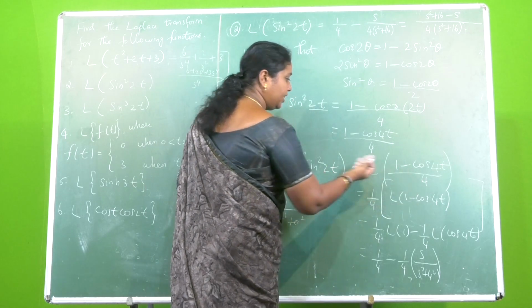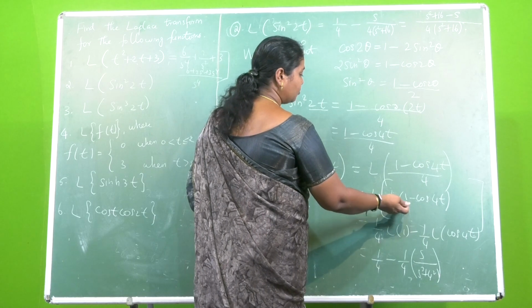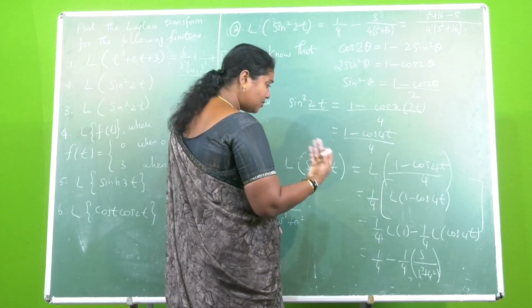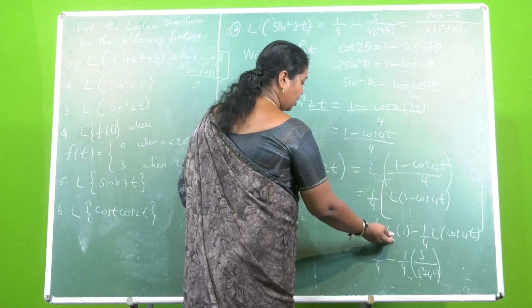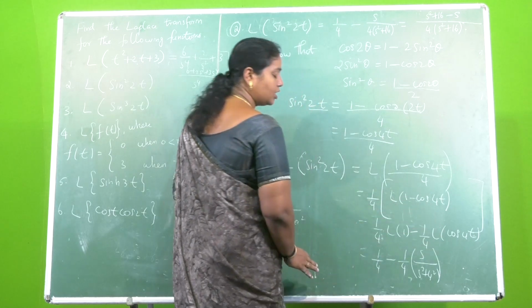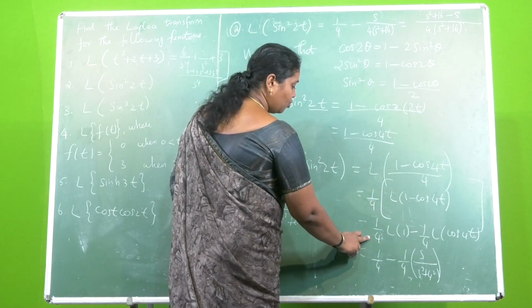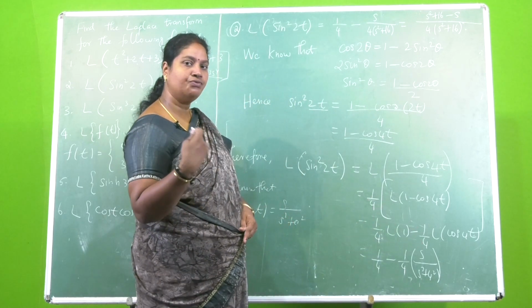We can take the constant outside, 1 by 2 outside. So the balance is the Laplace transform of 1 minus cos 4t. Now again we can apply the linear property to this function. So this is L of 1 minus L of cos 4t. So L of sine square 2t is nothing but 1 by 2 times L of 1 minus 1 by 2 times L of cos 4t.